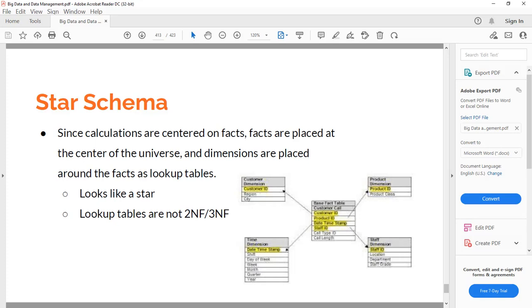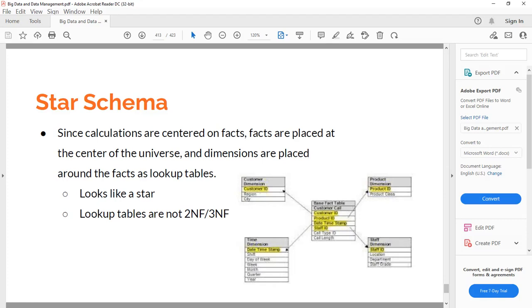So that's why when we do a star schema, usually we do a denormalized approach where we put all the attributes of a dimension into one table. The advantage is that it requires only one join. Because the fact table is usually huge, if you can reduce the number of joins, this will be very helpful in performance.